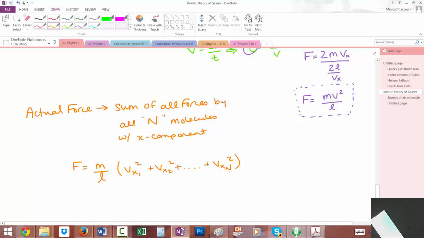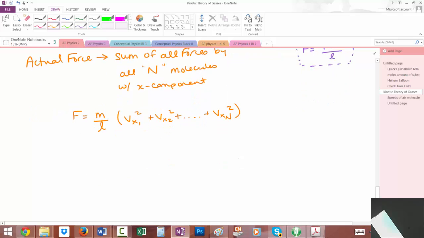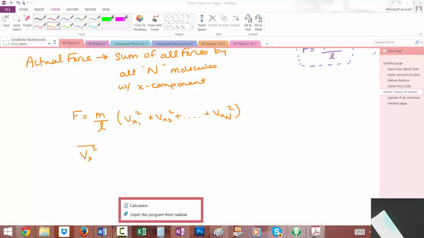And we could talk about, instead of each one of those velocities, we could look at an average velocity as well. Okay? It's all good. Vx squared, I'm going to put a line over that. That means average. I don't know if they use that in stat or not, but that's the way that we mark it in stat mech stuff.